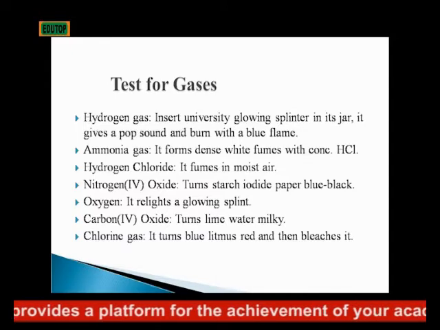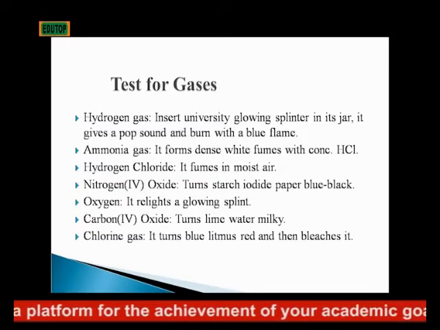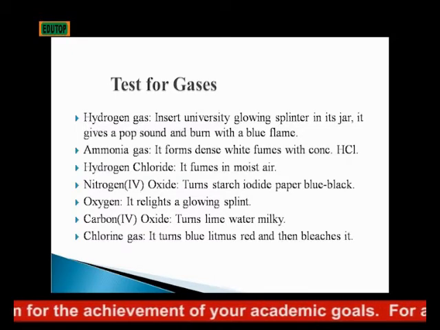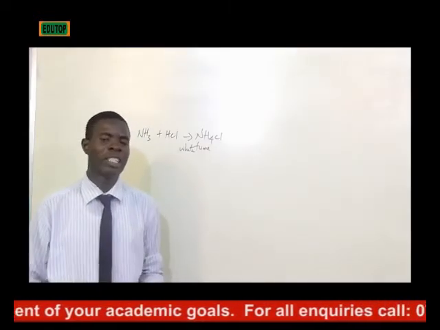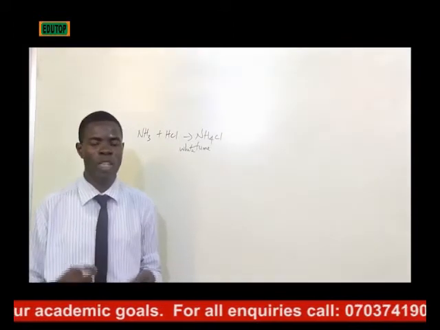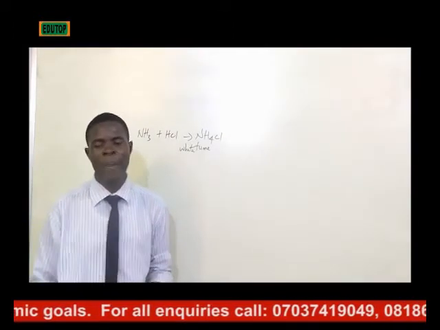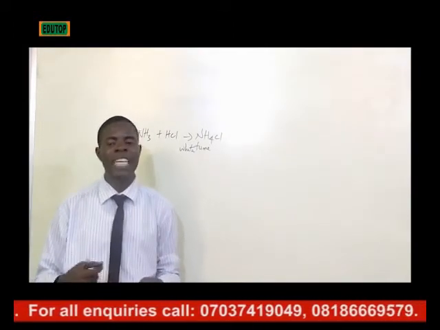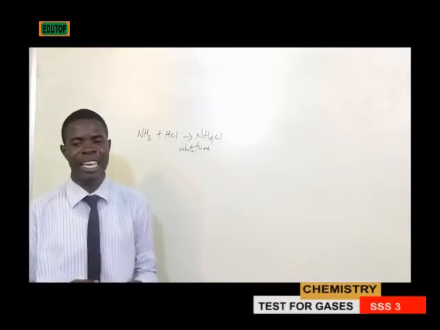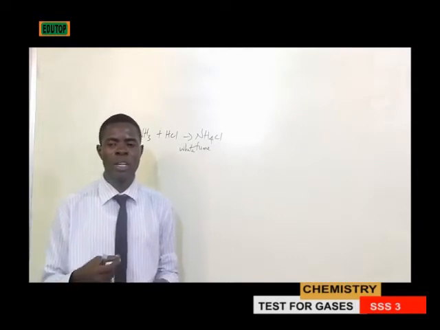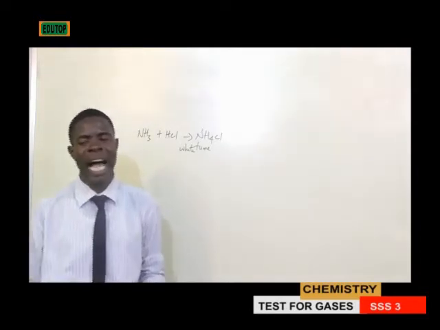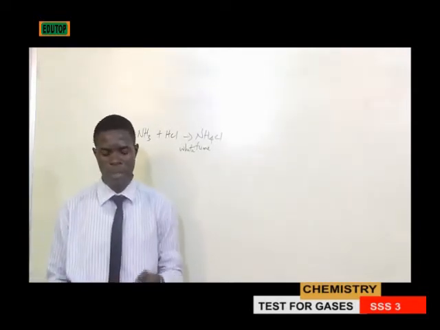Chlorine gas turns blue litmus red and then bleaches it because chlorine is an oxidizing agent, meaning an electron acceptor.